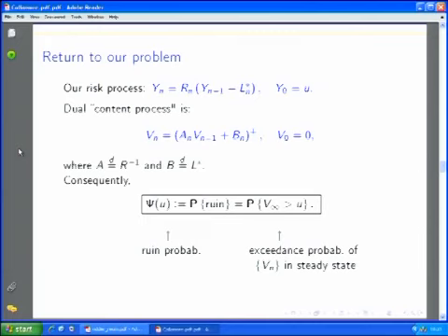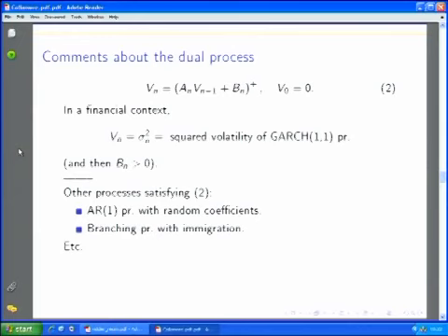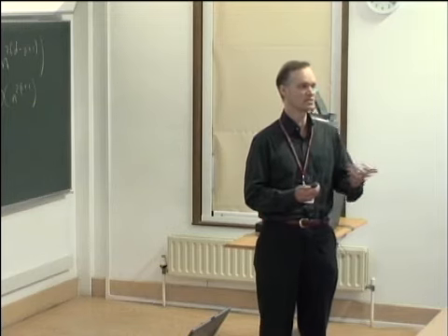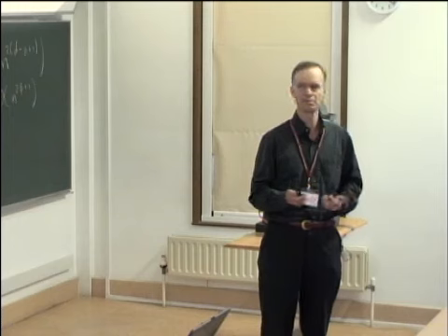It's interesting to observe that the content process also occurs rather widely in other contexts in applied probability, so it's not merely a theoretical object. For example, one context where it arises naturally is financial time series modeling, where one is interested in studying, for example, the squared volatility of a GARCH(1,1) process.